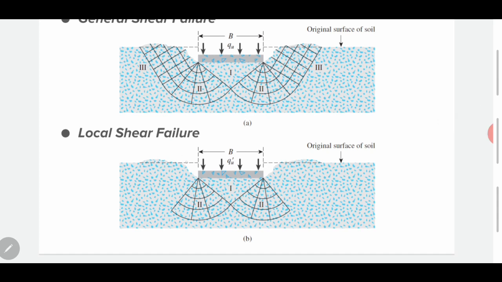So ang pinagkaiba ni local shear failure and the general shear failure is that mas mabagal ang pag angat ng mga soil dun sa around the foundation. As observed, there are only two failure regions on local shear failure.